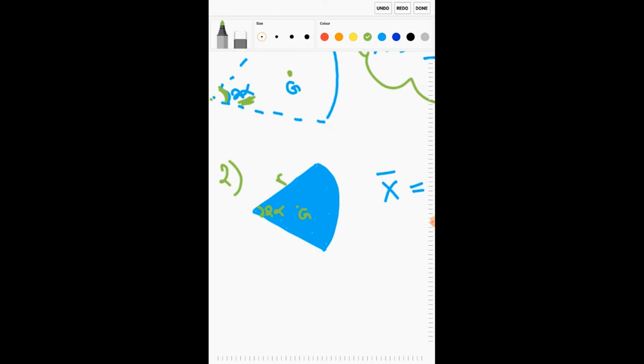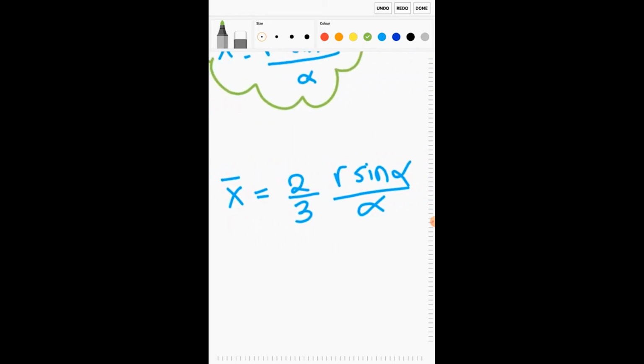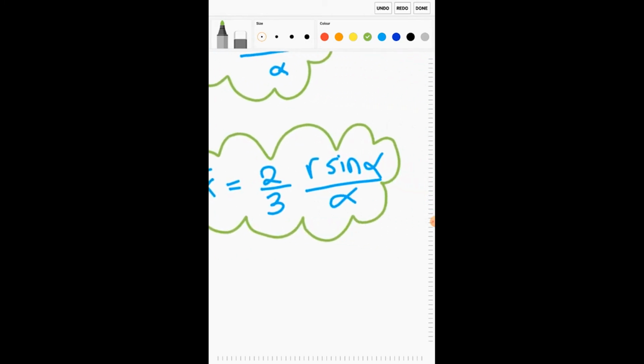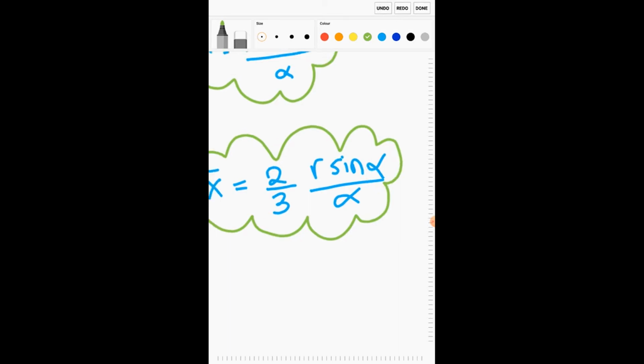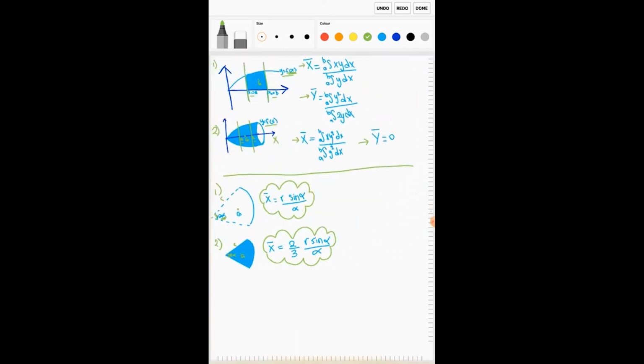So this time you change the formula, it becomes 2 over 3 r sine alpha over alpha, instead of just r sine alpha over alpha. But you also need to be careful that it subtends angle 2 alpha, so you're going to have to divide the angle by 2 so that you get just alpha. And you substitute, and that's how you get x bar.